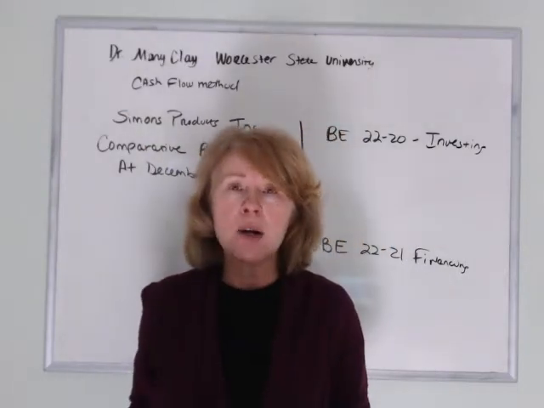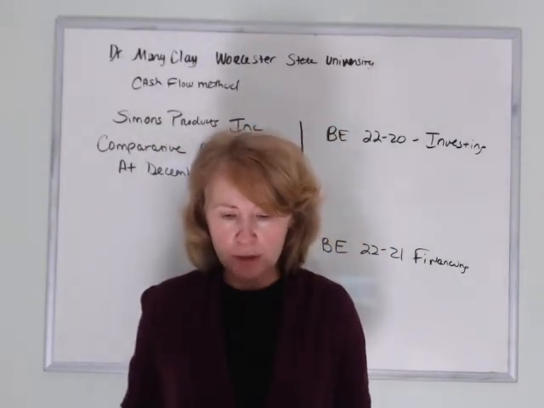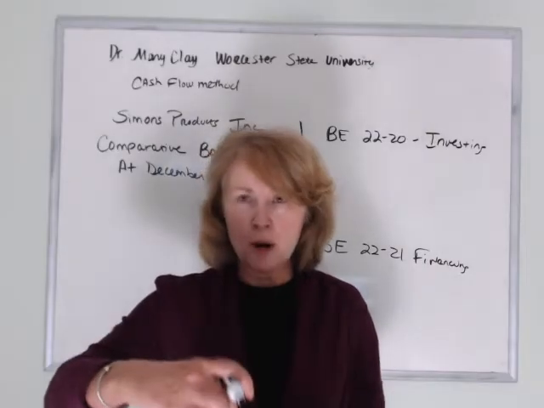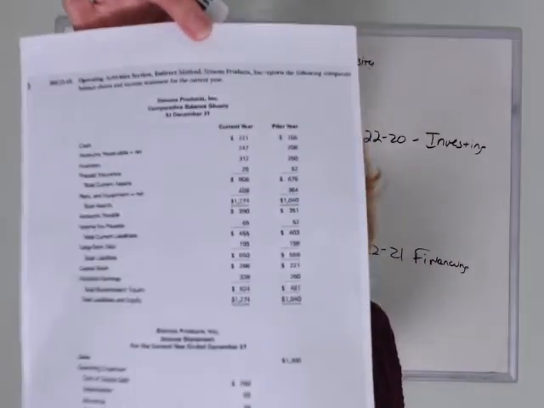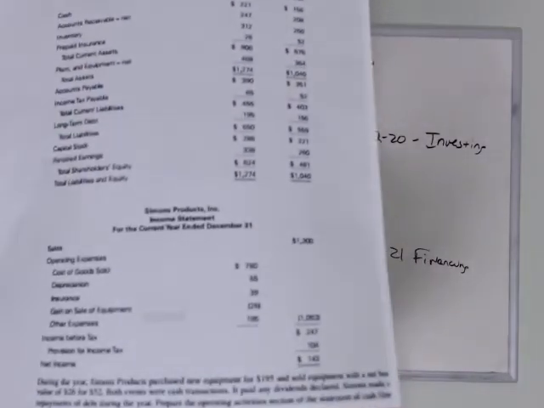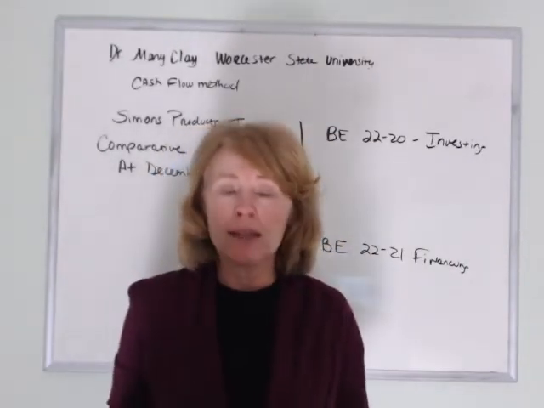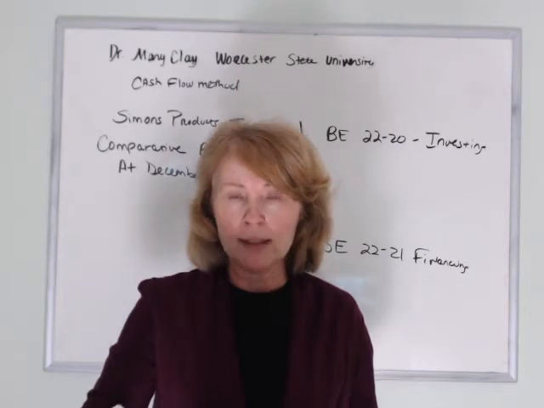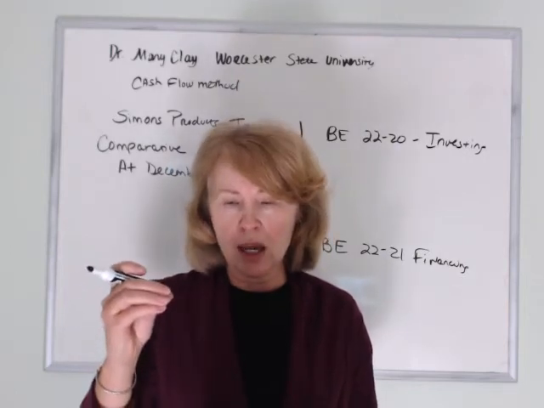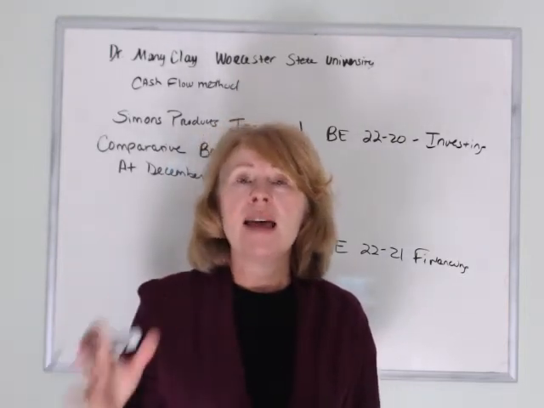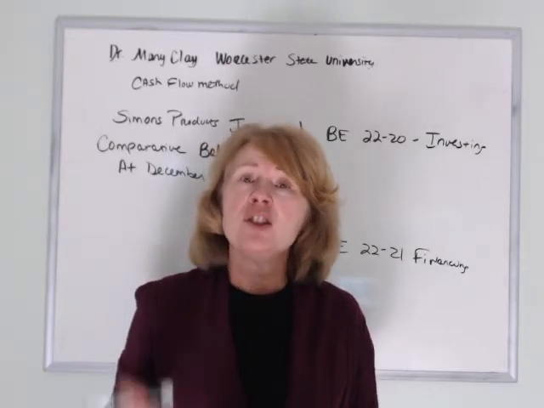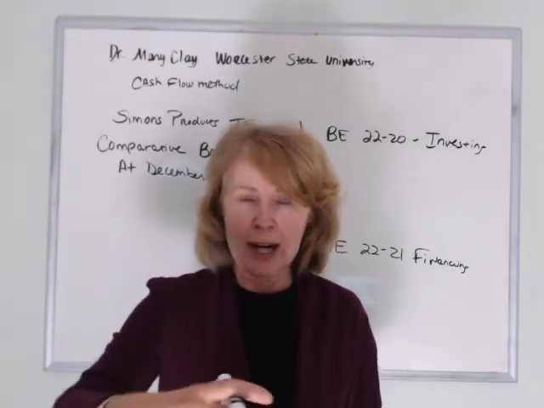So we'll start with BE 22-15, and the problem is giving you a balance sheet and an income statement. Remember, the first thing you want to do is take the difference between the prior year and the current year, and that change will go in your cash flow method. All right?